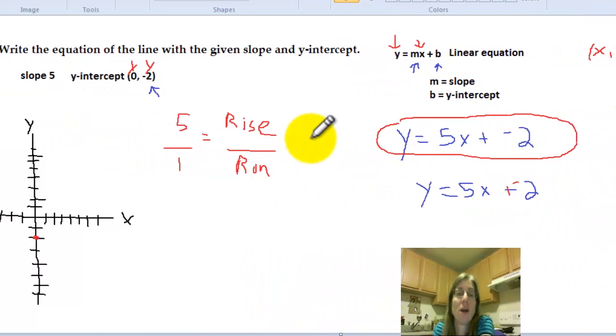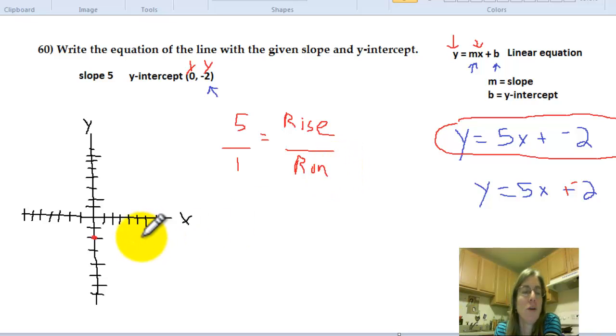But we can also use this rise over run. We know that this y-intercept is a point on the line. It's a point on the y-axis, yes, but it's also a point on the line that this equation represents. So to do this, we start on the y-intercept, and we use 5 as the rise, so we go up 5 steps, 1, 2, 3, 4, 5, and then we go over to the right 1, because these are positive numbers.